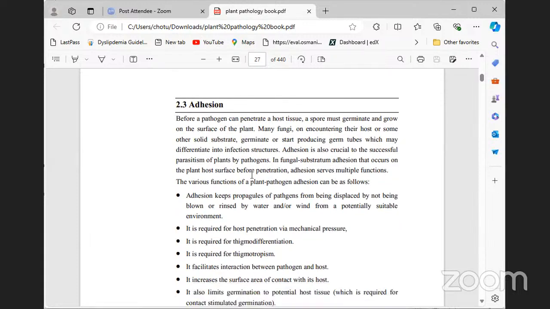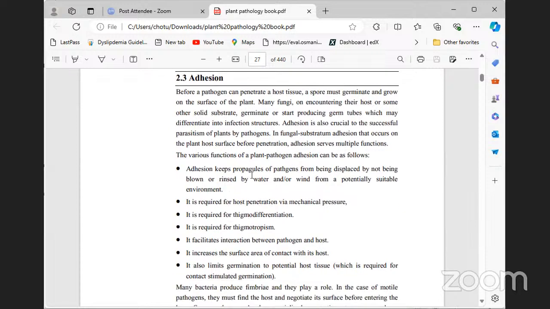For example, a fungal substance adhesion occurs on the plant host surface before penetration. Adhesions serve multiple functions.